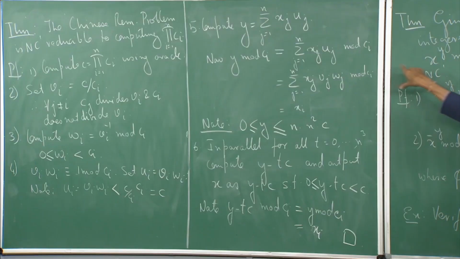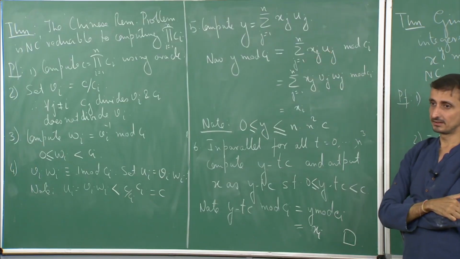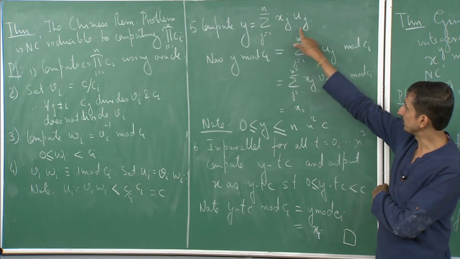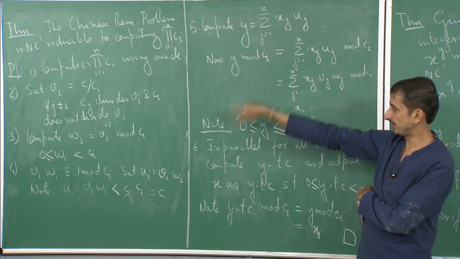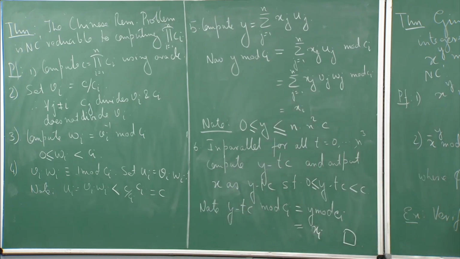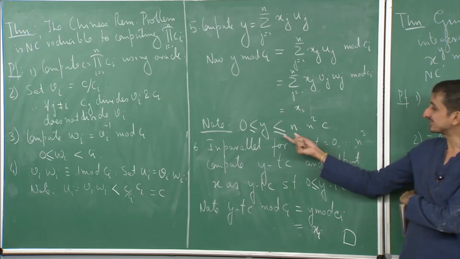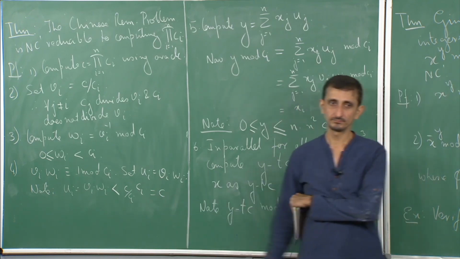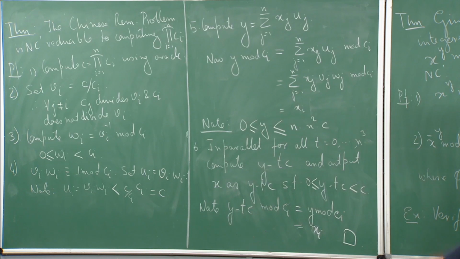Therefore each xj is bounded by n square. So therefore I have the n square. Now each uj, we have shown it is bounded by c. So therefore it is n cube times c. In fact, I can have n cube minus 1 because it is strictly bounded by n cube times c. This is a strict inequality, so it is strictly less than that. But it's okay.